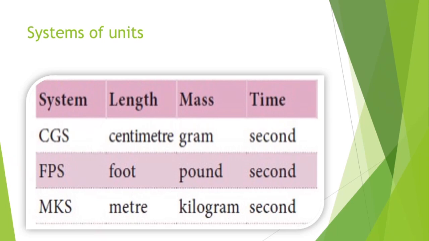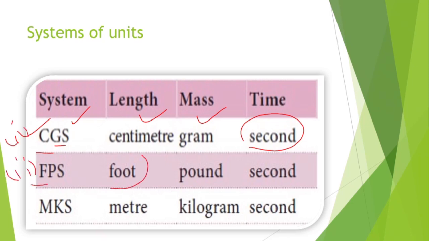Come to the systems of unit. There are three systems. First is the CGS system. C for centimeter, G for gram, S for seconds. Got it? Second is the FPS system.